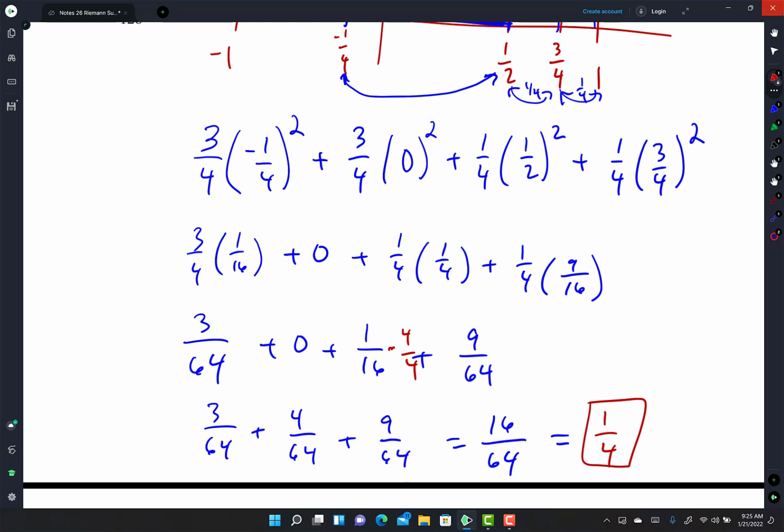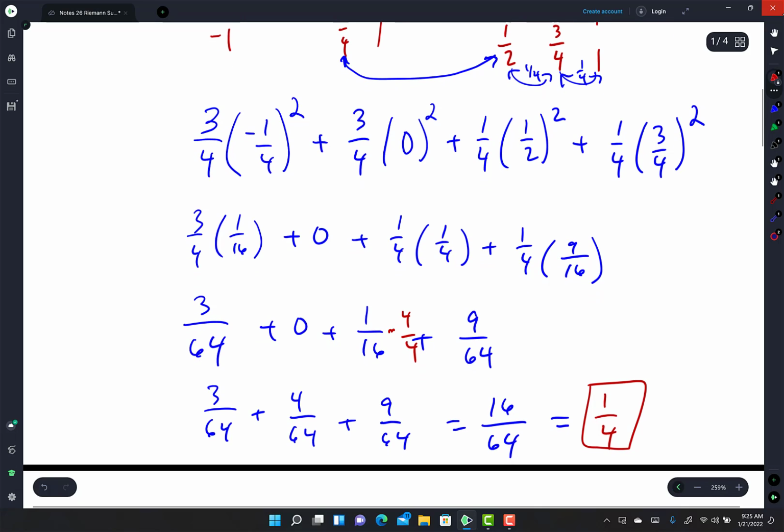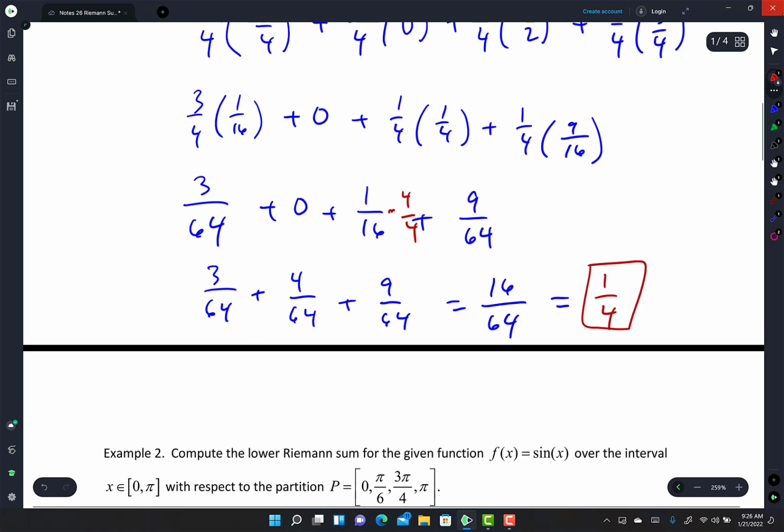Well, left and right is common with the leftmost point. Maybe they do partitions with left and right, but definitely not with mid, because then there's going to be human error. Like, what's the middle? Especially if there are a lot of little partitions. You still okay, guys? All right, let's keep going.